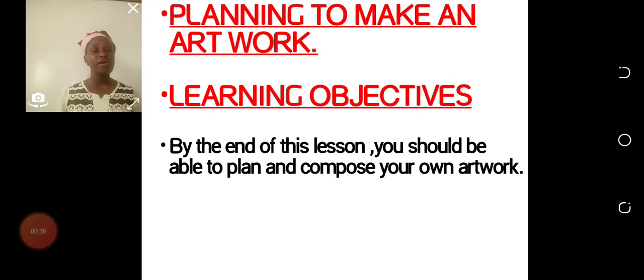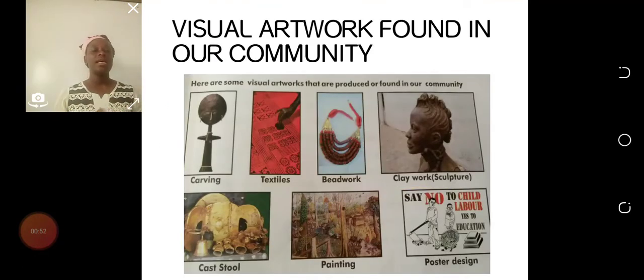We talked about elements of design the other time, and we said dots, lines, shapes, forms, space, colors, and texture. Before we move on to today's lesson, let's look at some of the visual artwork found in our community.